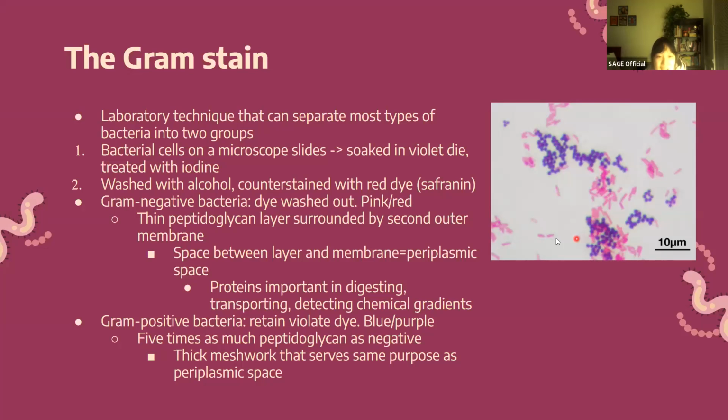This means they have a very thin cell wall made out of peptidoglycan. On the other hand, gram-positive bacteria retain the blue or violet dye, and they have super high levels of peptidoglycan in their cell walls. So that's the main difference.